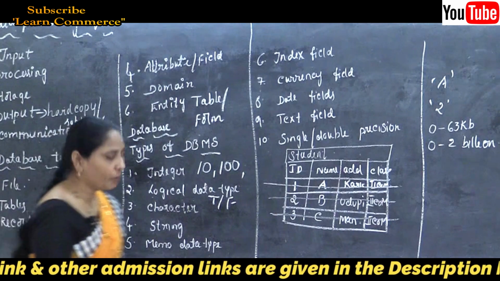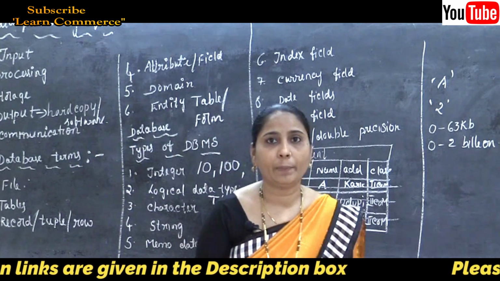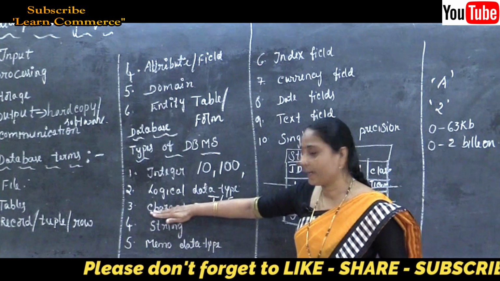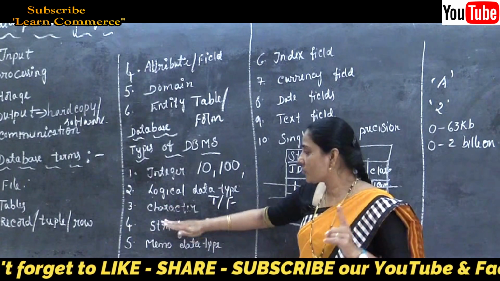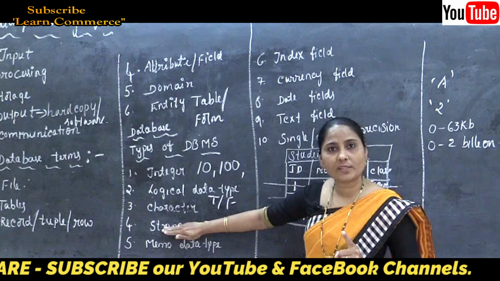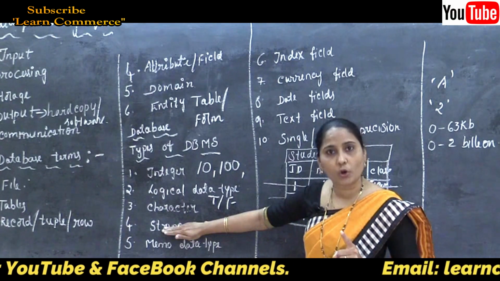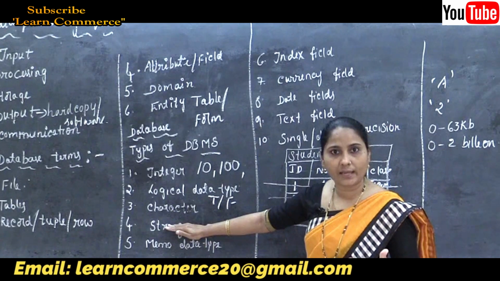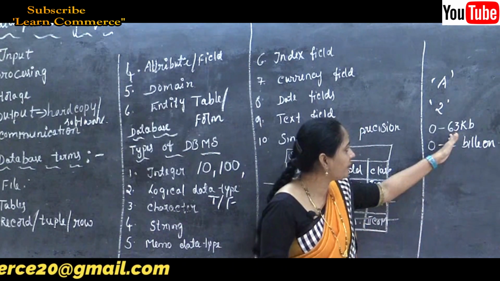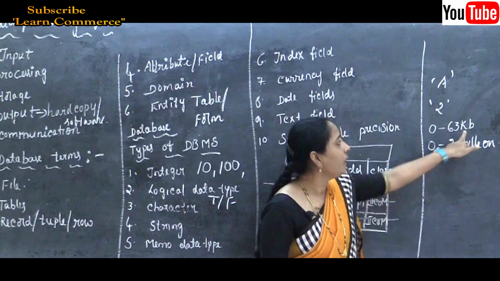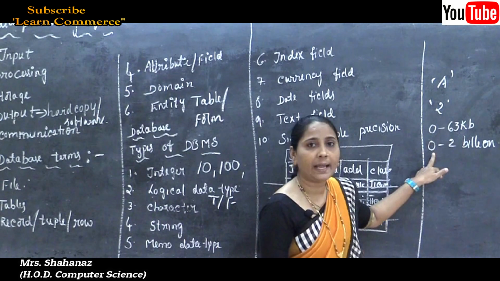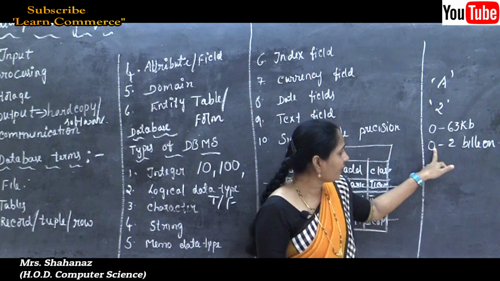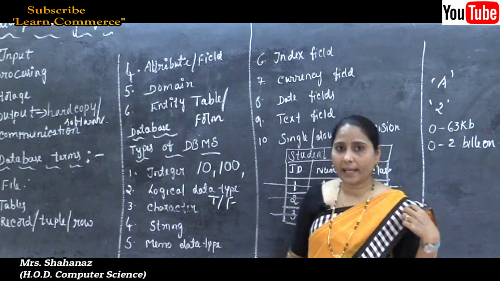And next thing is about our memo data type. We already know character, one character, and string, that means a sequence of characters, more than one, a group of characters we can store here. I already said fixed length is 0 to 63 KB, and dynamic string ranges from 0 to 2 billion characters here.